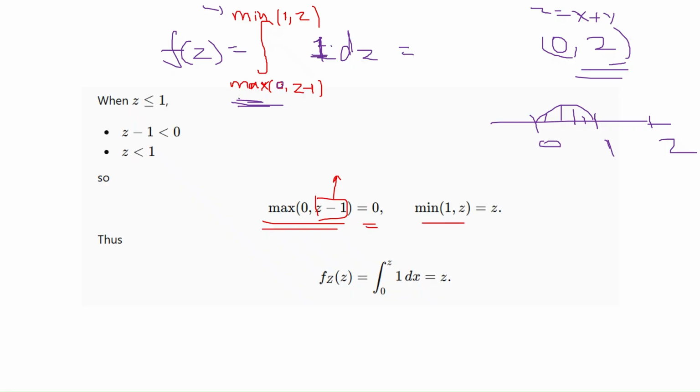And the upper limit, which is the minimum of 1 and z, this would be z because z is less than 1, which means the range would evaluate to 0 to z, which means the integral would evaluate to 0 to z, PDF 1, integrate it, and you get z.